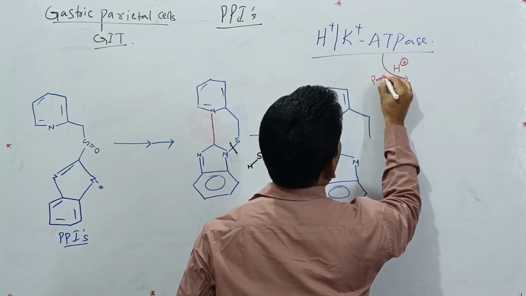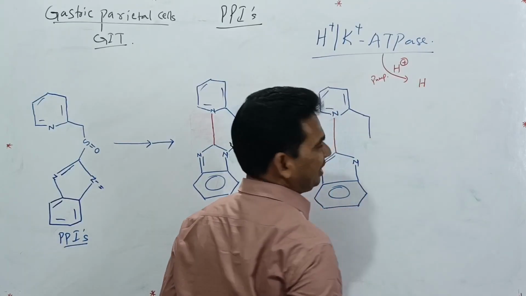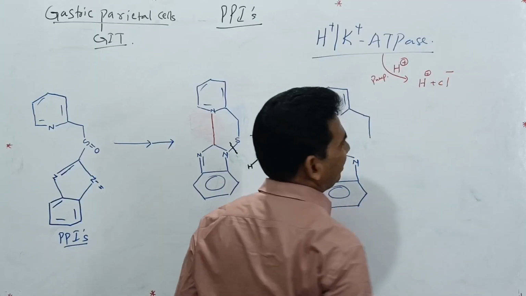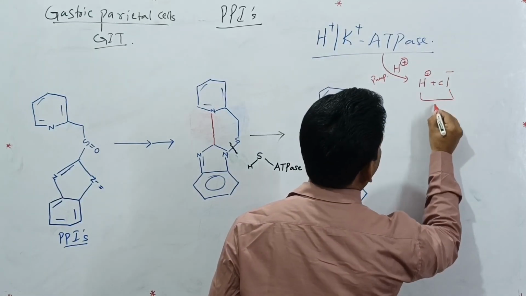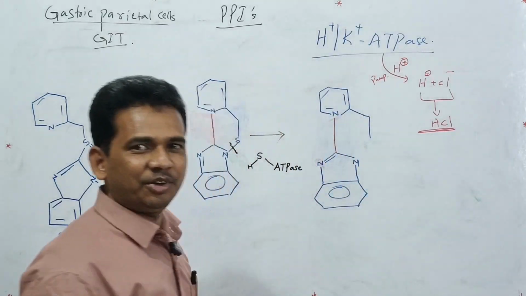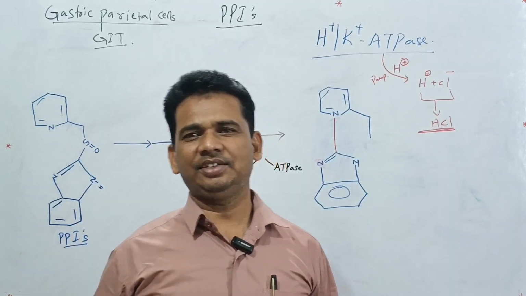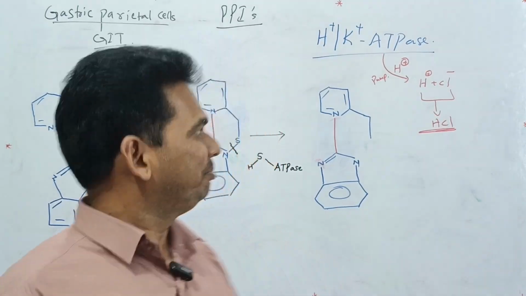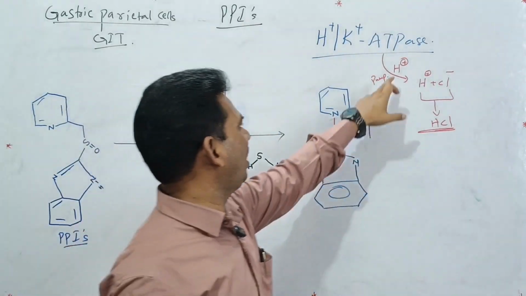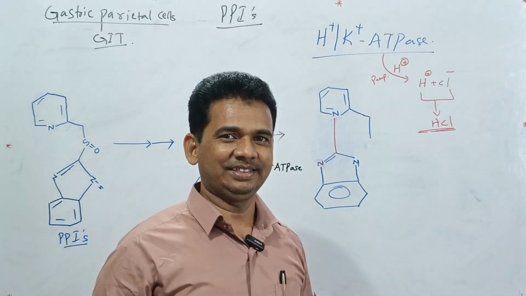In the gastric parietal cells, this proton binds with chloride ions and produces hydrochloric acid. That's why gastric secretion increases: this enzyme pumps the proton to meet with the chloride to produce hydrochloric acid.